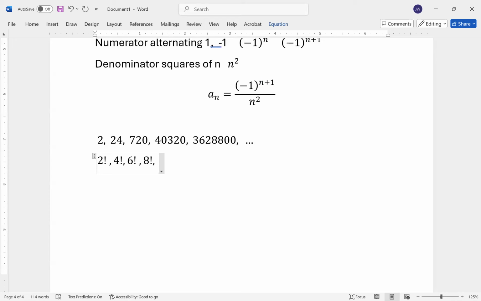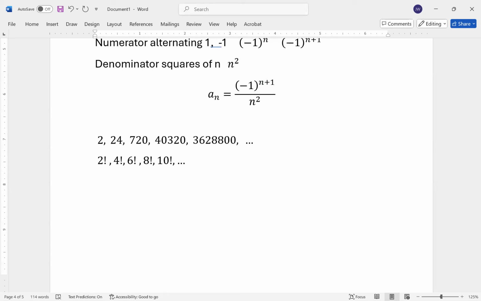And 3,628,800 is 10 factorial. So if I rewrite these as factorials, which again is hard to see, then it becomes clear what my sequence should be. It should be even numbers factorialed.